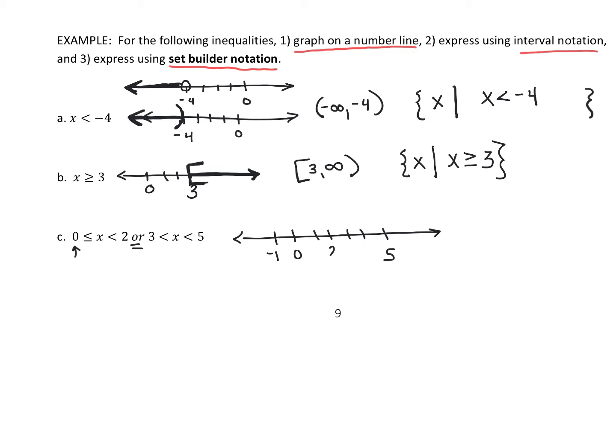So we're going to go bracket here and parenthesis here because we want everything in there. And then we want from 3 to 5 and everything in there. So if we read this graph, bracket 0 to 2, parenthesis, union 3 to 5, parenthesis.